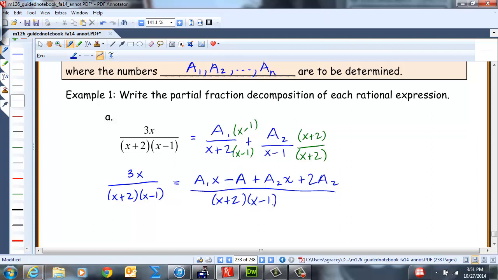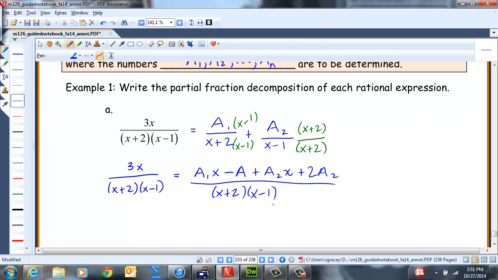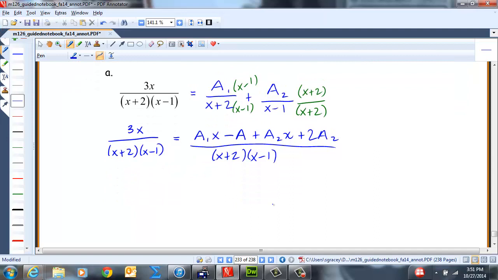So now that we have the same denominator, we can go ahead and equate the two numerators. Here's the trick. Any missing terms, you need to add 0 with that term. So 3x could be thought of as 3x plus 0 because there's no constant term, and the highest degree I have in this numerator is x to the 1.